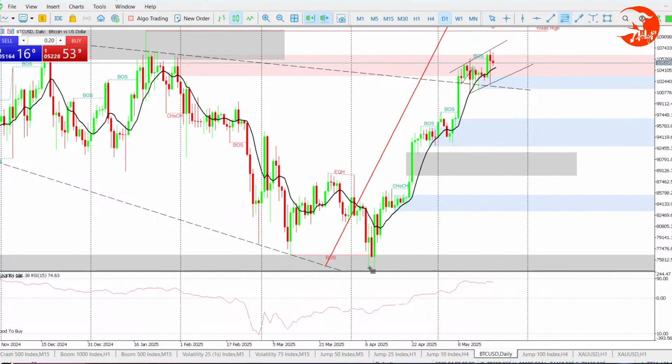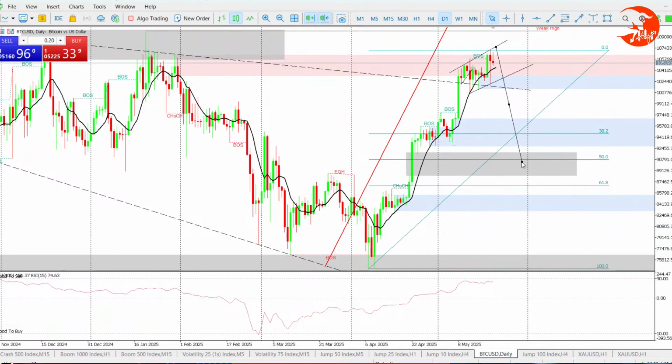If we use our high right here and our low and high right there, we clearly see that price is likely to come right to this fair value gap as a retest, but it is a bit skeptical.